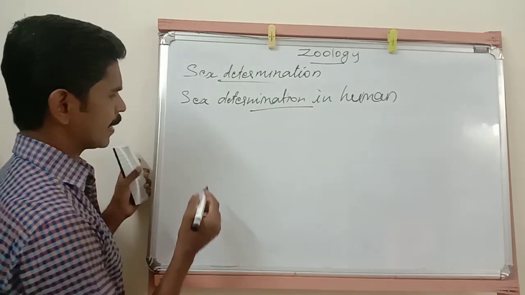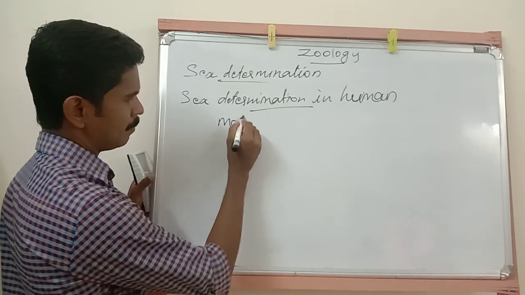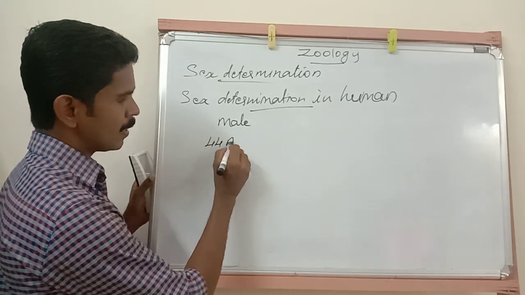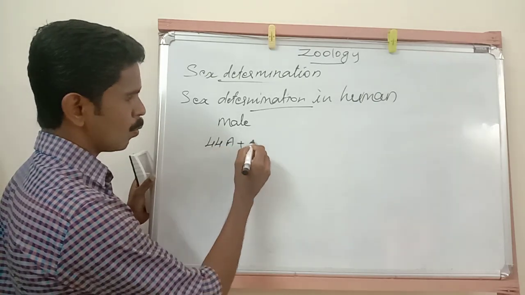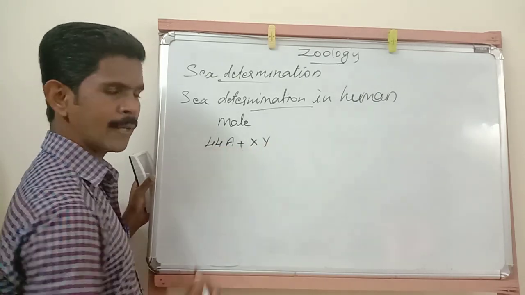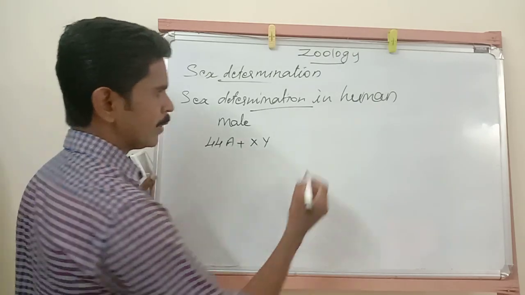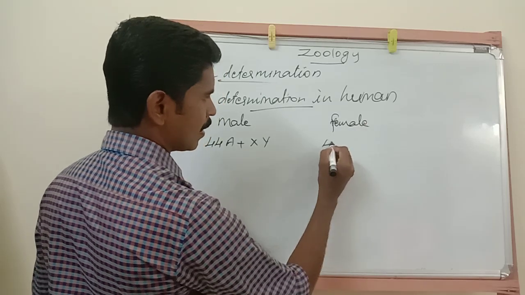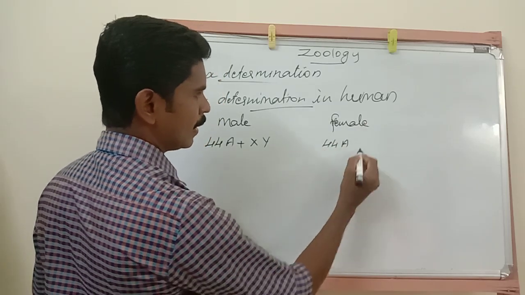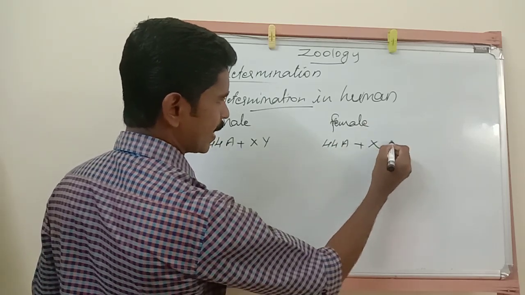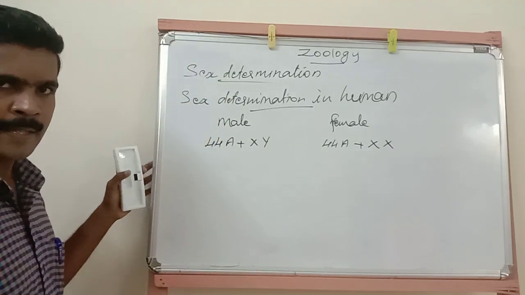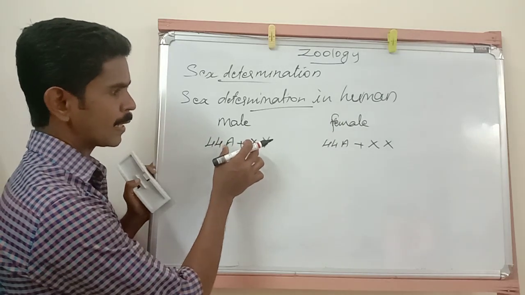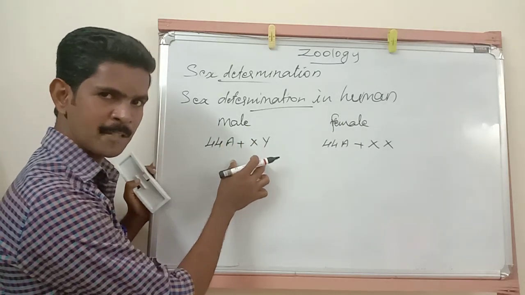So, listen very carefully. In male, 44 autosomes are there, plus one X chromosome and one Y chromosome. In female, 44 autosomes are there, plus 2 X chromosomes. So this male can produce two types of sperm.